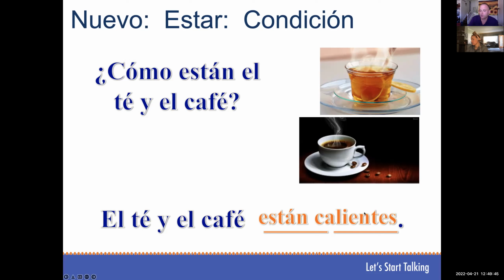Because if you notice, we're using adjectives here, right? So caliente is the adjective, but here, because we have two items, we also have to make it plural, right? And so that's why I always say the first step is to really focus on memorizing vocabulary.